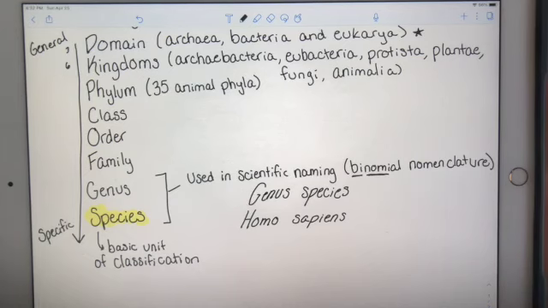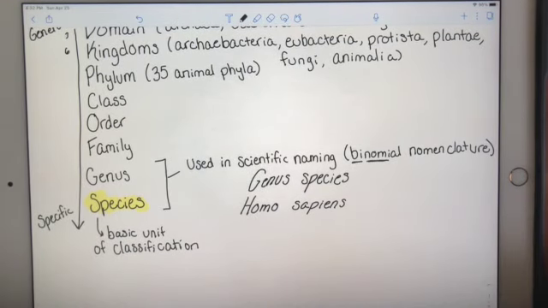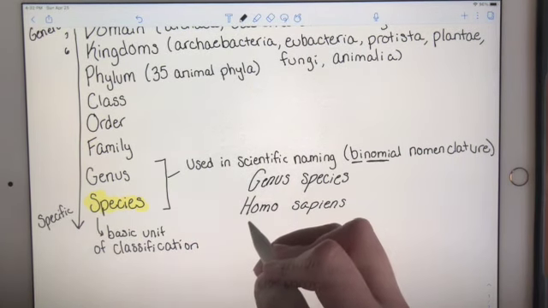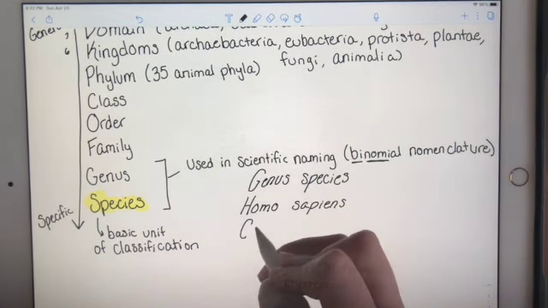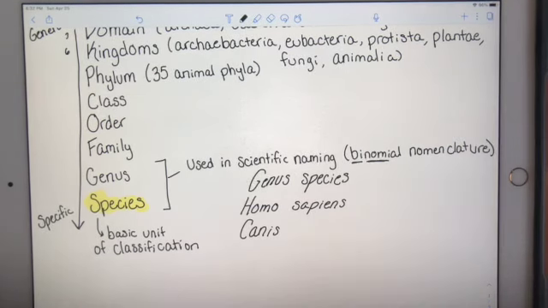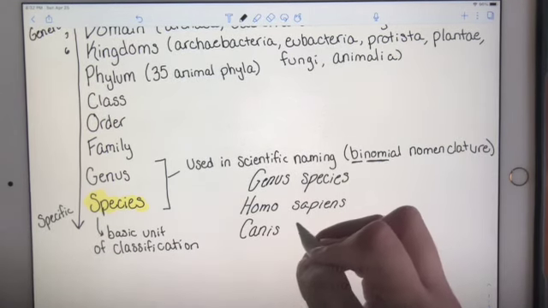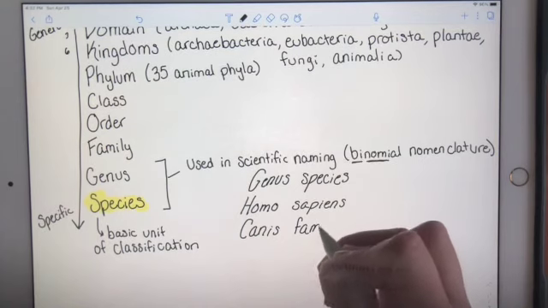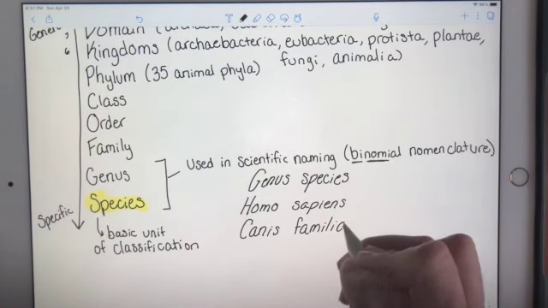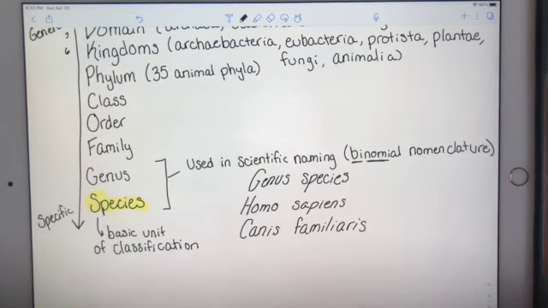I know a lot of you have pets at home, so let's go through scientific naming for some of the most common pets, cats and dogs. Let's start with dogs first, because dogs are better, just saying. So the genus for the dog is Canis, and the species is Familiaris. So there's our binomial nomenclature for dogs.